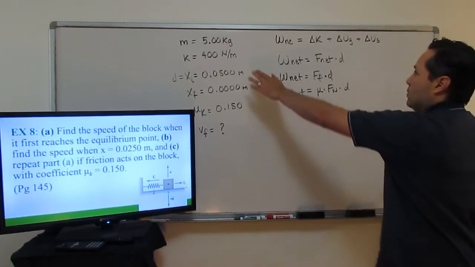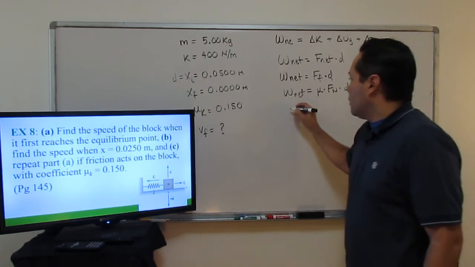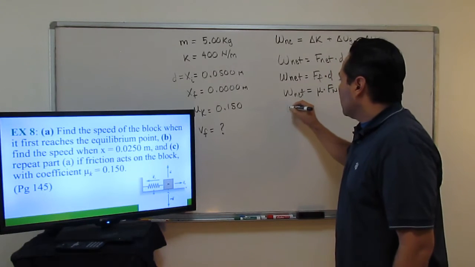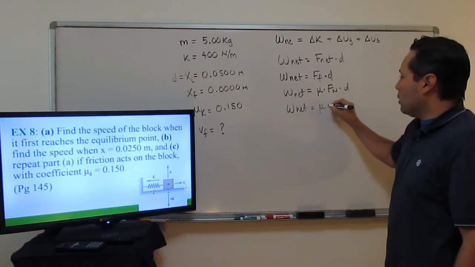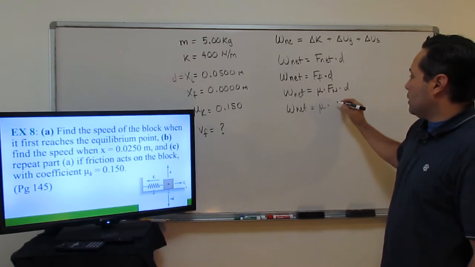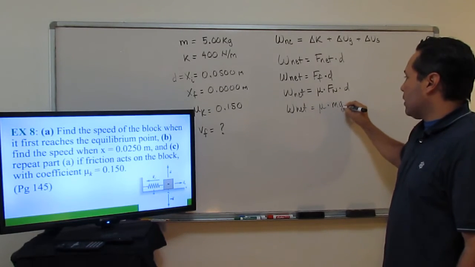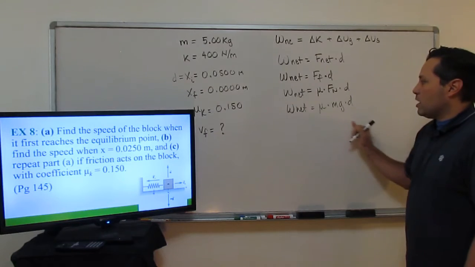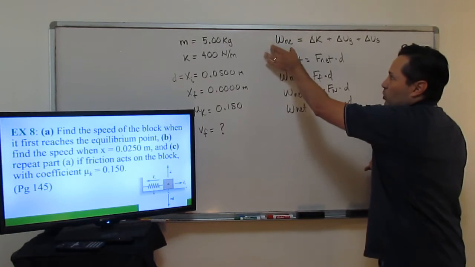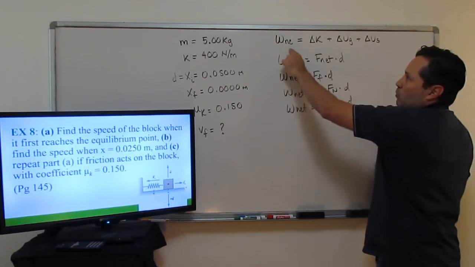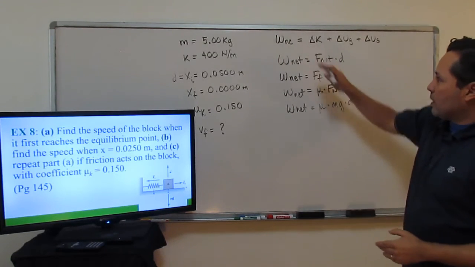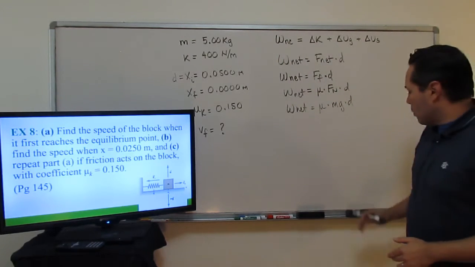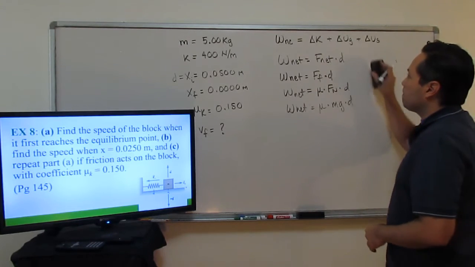We know what the mass is, and gravity is 10.0. So work net is equal to the constant times mass times gravity times d. So that's our work net, the work done by the friction, and I'm going to substitute that right there. I'm going to erase this because I'm going to need all the board space I can get.